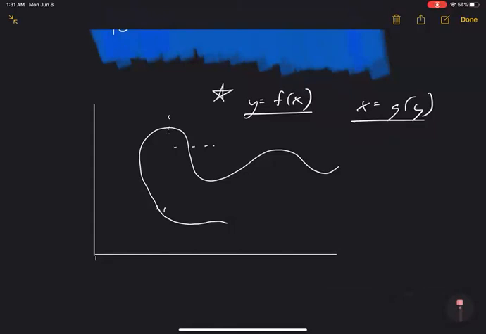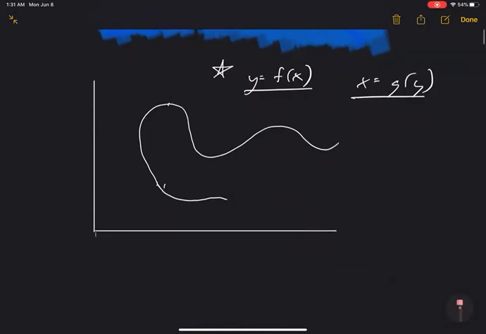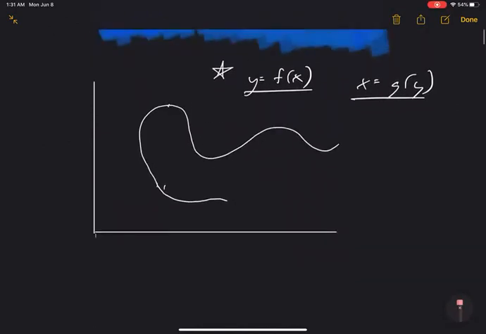So instead of trying to think of this as x as a function of y or y as a function of x, let's take a more geometric view of this, or more real world view. Picture this white curve as a road, and maybe we're up in a helicopter, looking down at a road.